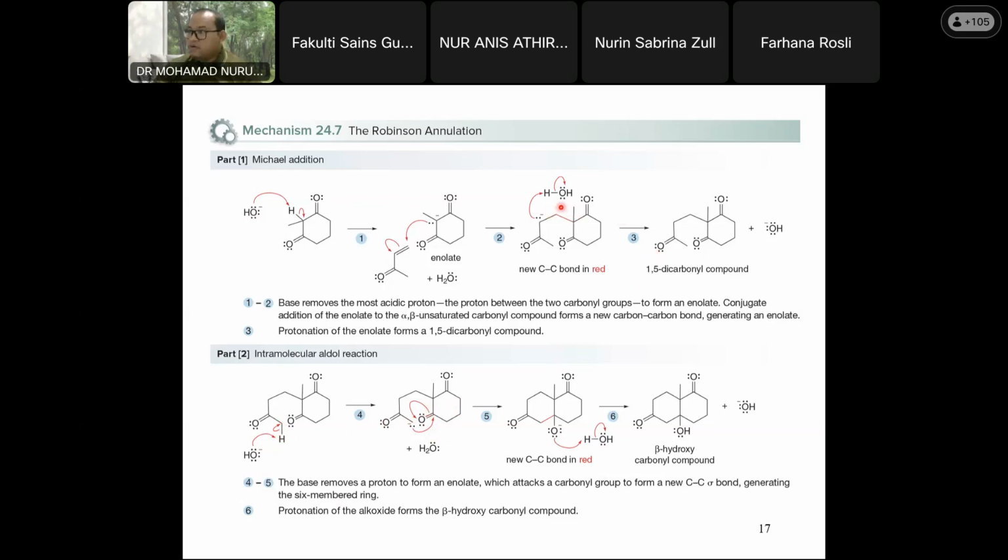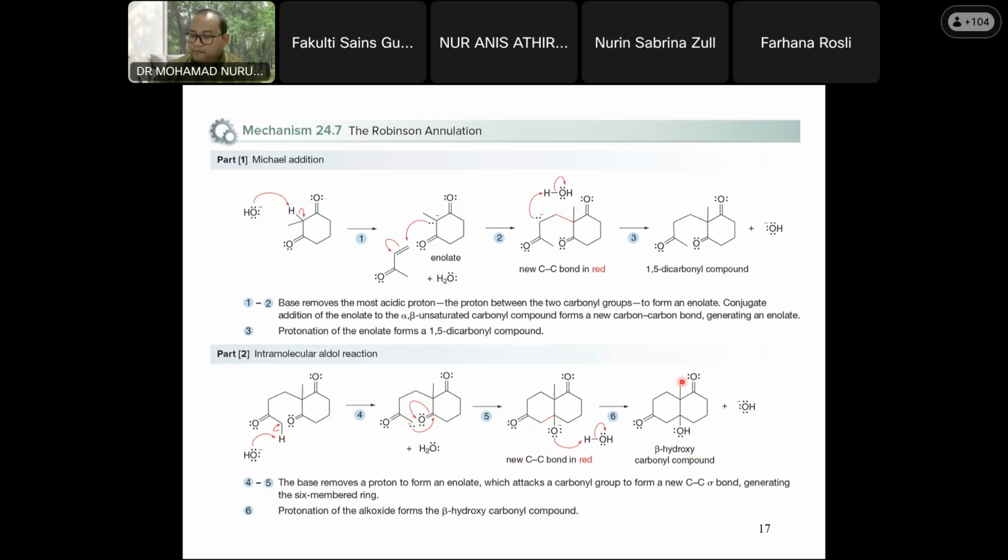And again, protonation happens to form the beta hydroxycarbonyl compound. This is the beta hydroxycarbonyl compound.